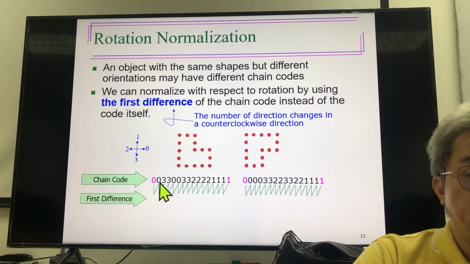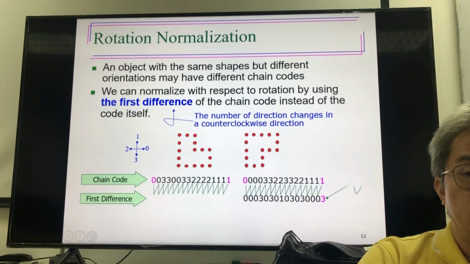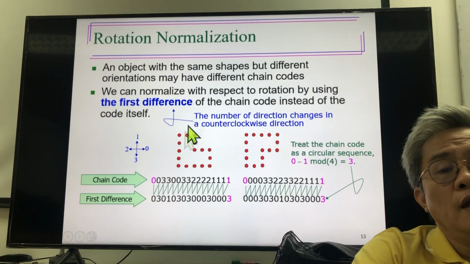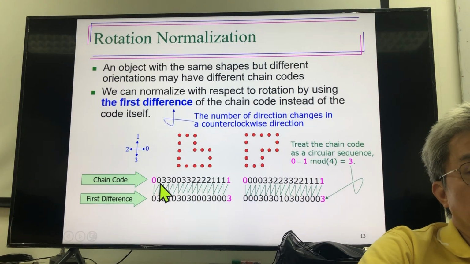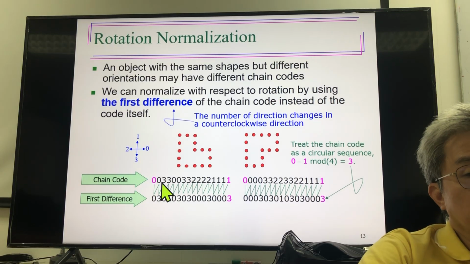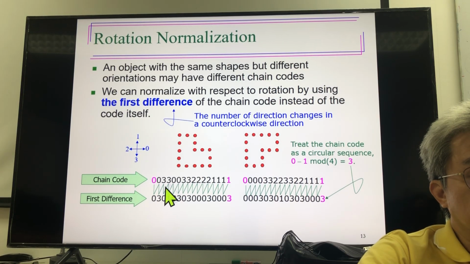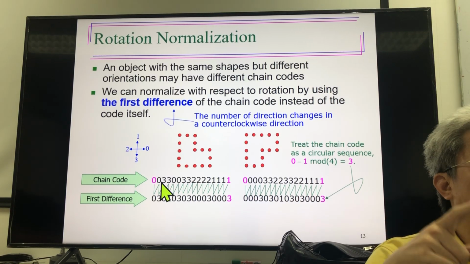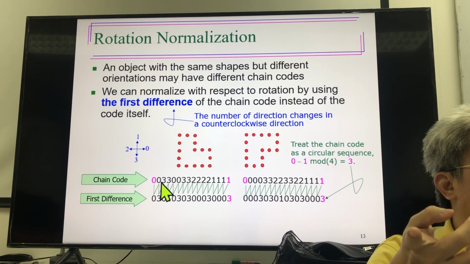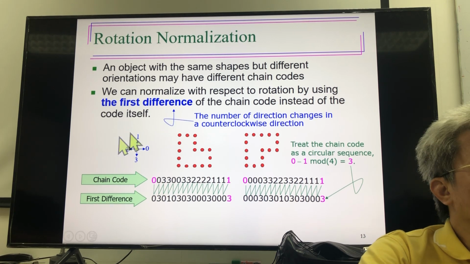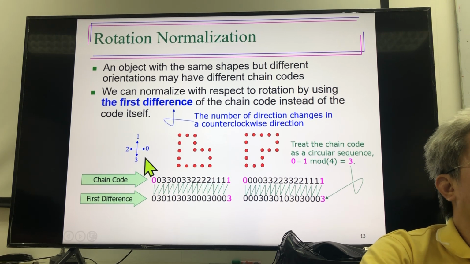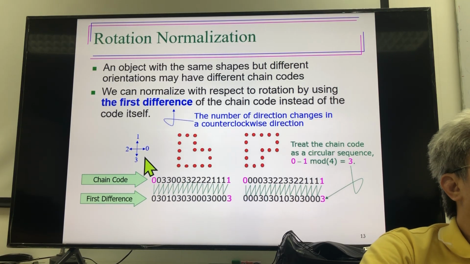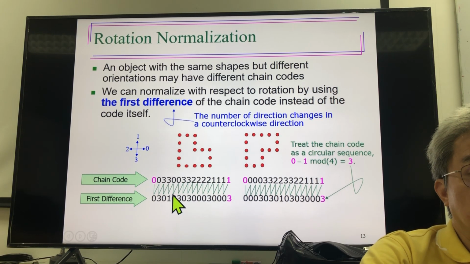Then 0 to 3, you got 3. 3 to 3 is 0. Then 3 to 0: 0 minus 3 is negative 1, but our chain code has no negative numbers, so you take the modulo. Negative 1 modulo 3 is 0. 0 minus 3 modulo 3 is 1.